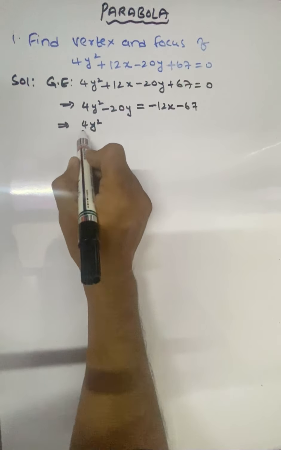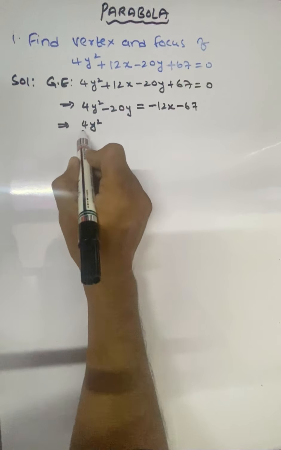Now this is y square minus 5y. This is a minus b whole square. How is it a minus b whole square? See, a square plus b square, and this is 2ab.